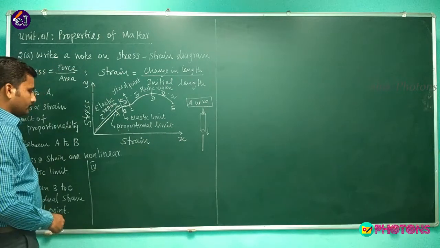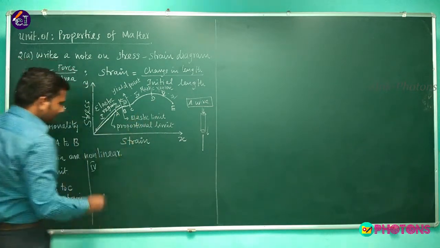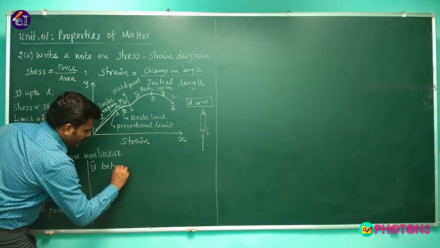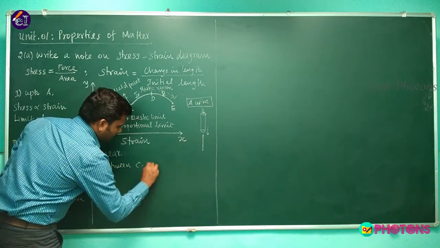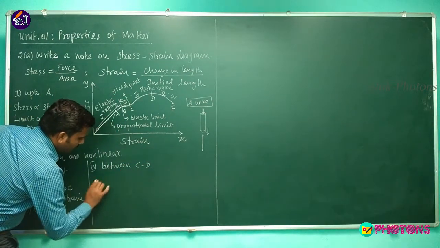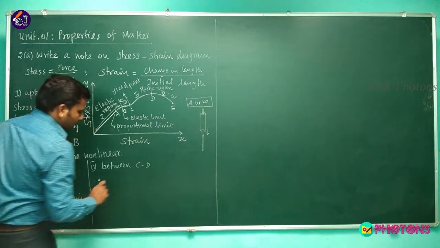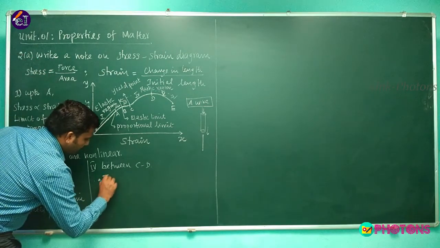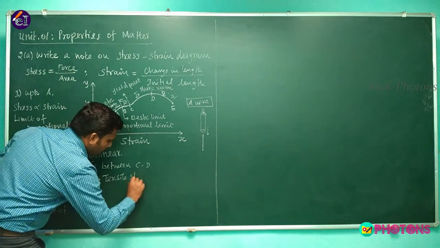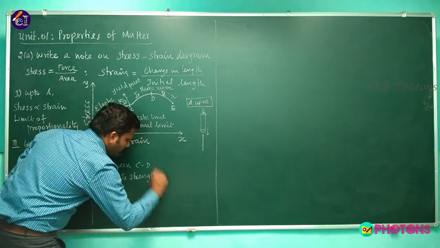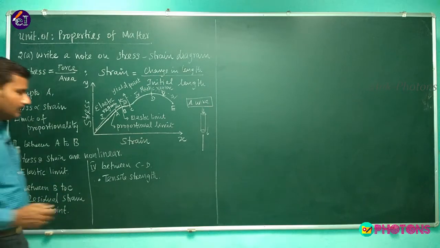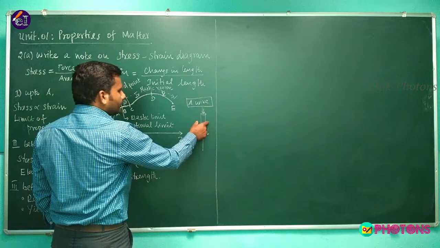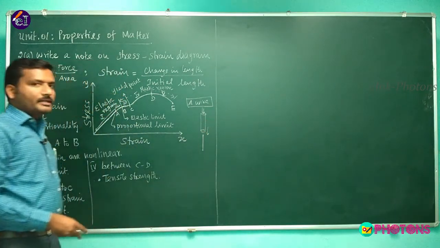So point D is called tensile strength. What is tensile strength? That is the maximum amount of force this wire can hold, provided it has the very lowest thickness.